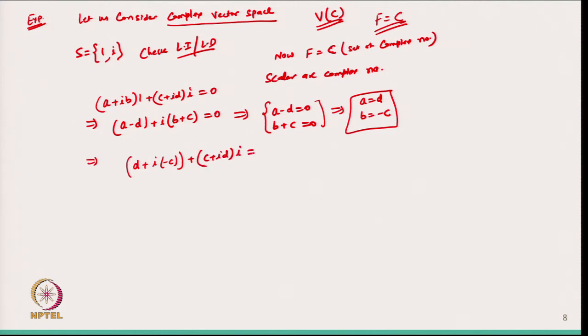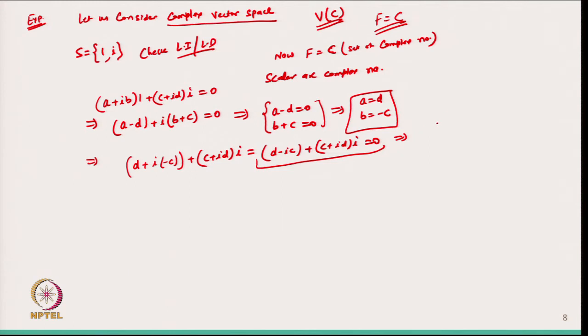So, this one I can write as d minus ic and c plus id times i equal to 0. So, this one I get from here. This part. Now, from here I can have this combination.